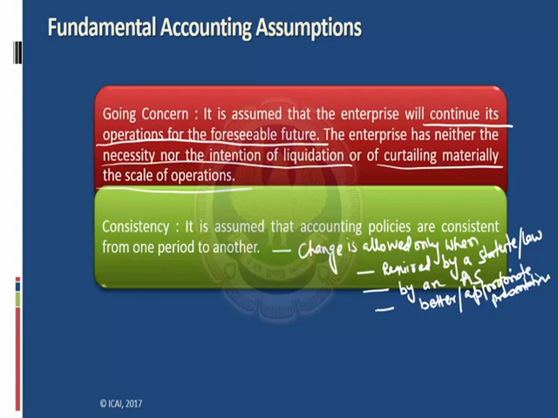But looking at the size and operations of that entity this year, that policy is not viable or appropriate for this year. So in that case, the entity can change its accounting policy for better or more appropriate presentation.